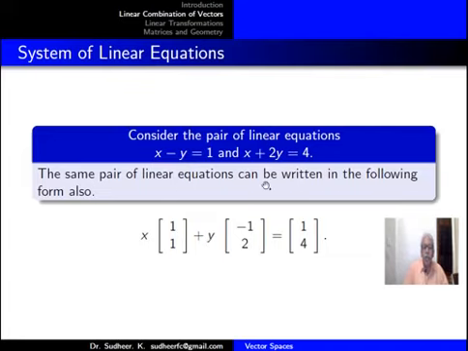So, the given pair of linear equations can also be written as x times (1, 1) plus y times (-1, 2) equal to (1, 4). And (1, 4) is the column matrix of the constants in the given pair of linear equations.